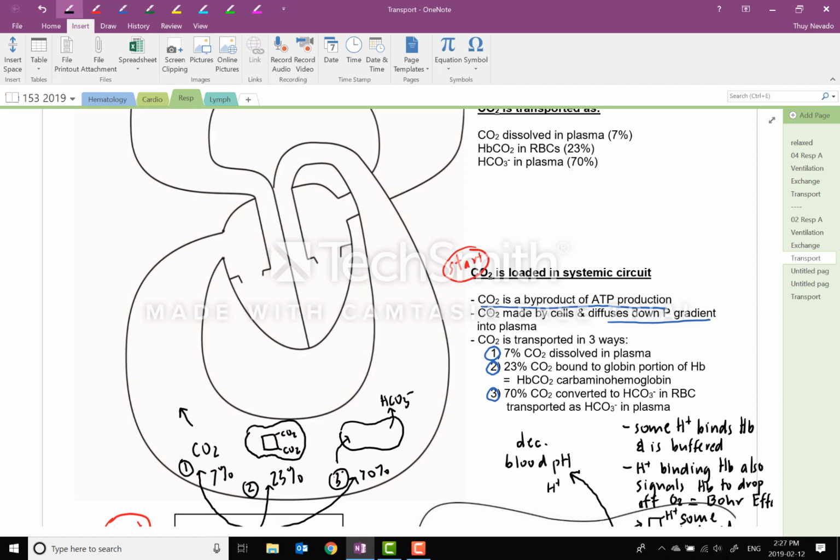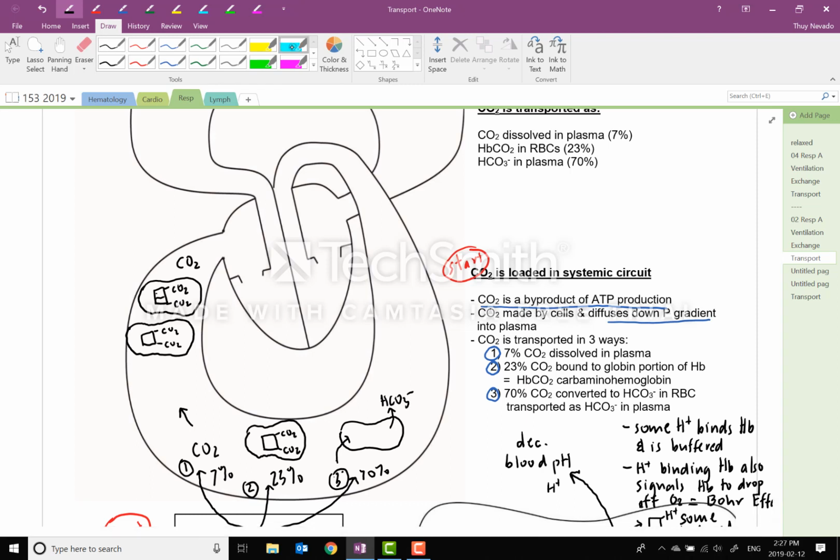So less than 10% of the CO2 is in the form of CO2 gas dissolved in plasma, so I'm just going to draw it like that. About 20%, so I'm going to draw two things represented by CO2 binding to hemoglobin. And that's going to be inside the red blood cells. And this is all going to be part of deoxygenated blood, so I'm just going to highlight that and remind us that it's deoxygenated blood. But the majority of CO2 is transported just as bicarbonate ions.